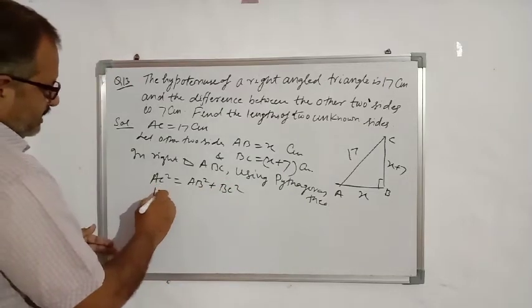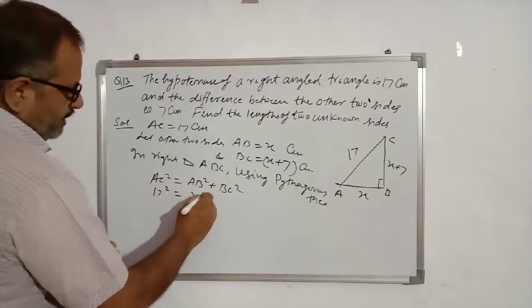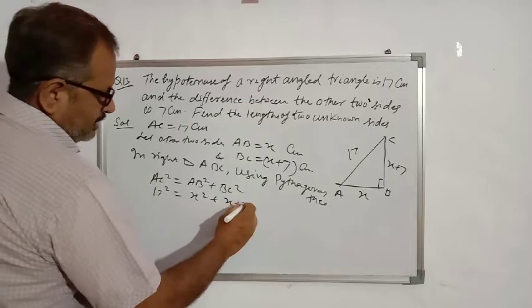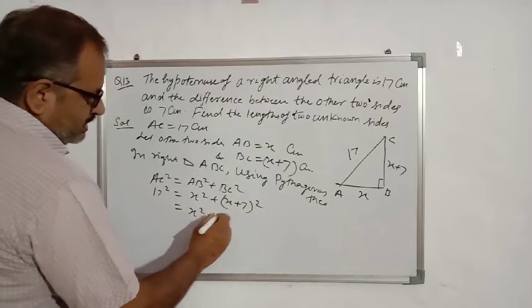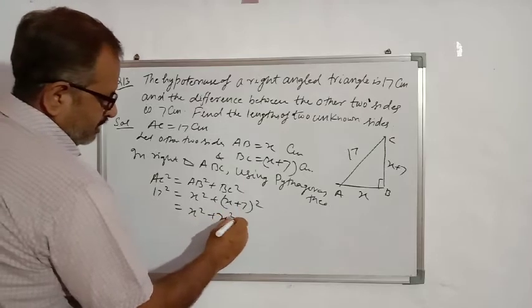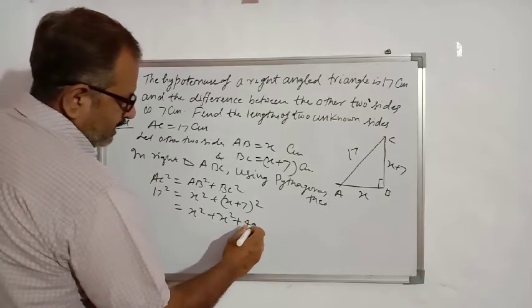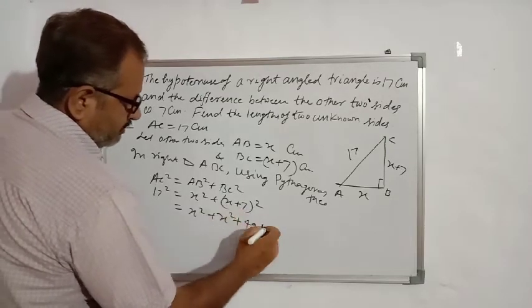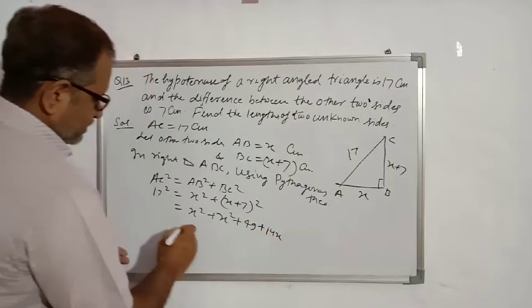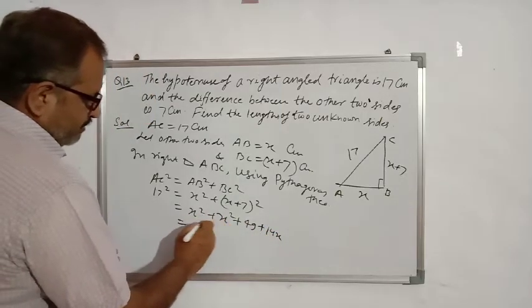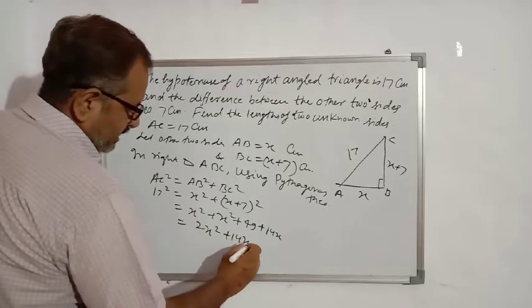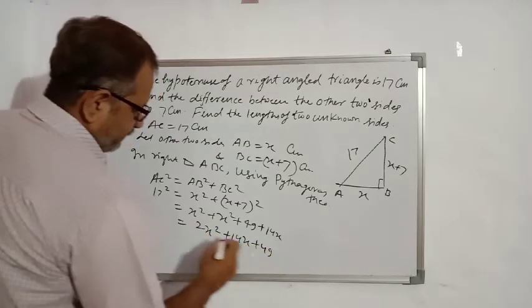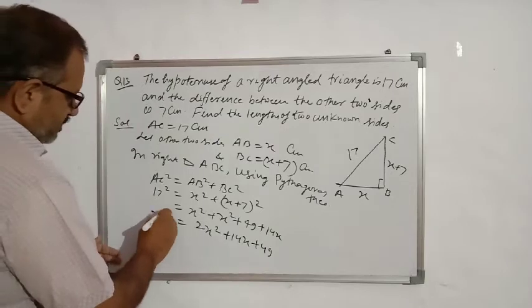AC is 17, so 17 square, AB is x, so x square, plus x plus 7 whole square. Use here (a plus b) whole square: x square, 7 square is 49, plus 2ab, 14x. x square plus x square is 2x square plus 14x plus 49. 17 square is 289.